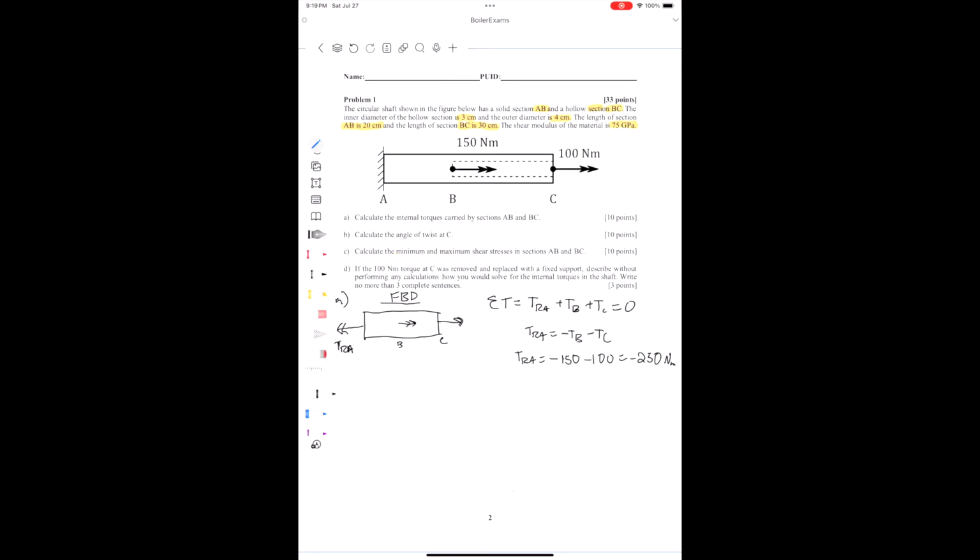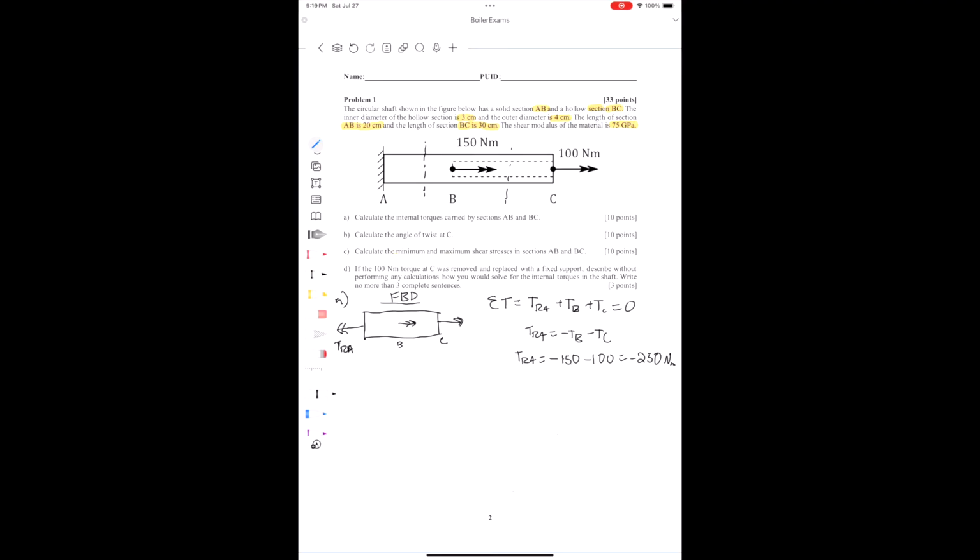Now, to calculate the internal torques carried in each of our two sections, we're going to split the rod in each of the sections. So we'll make a cut here, and we'll make a cut here.